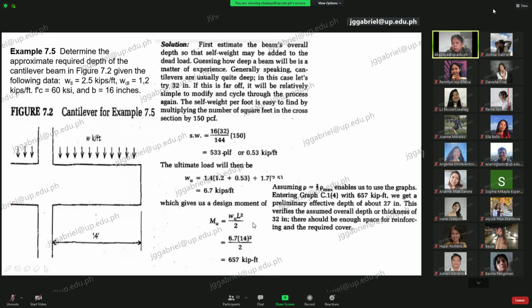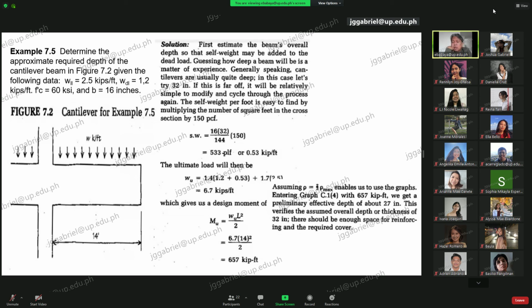WL squared over 2. Yung kanina, WL squared over 8. Now, this time becomes WL squared over 2. So, it's much greater. No? From 8, yung denominator, magiging 2 na lang. So, you are dealing with a much greater moment if you convert a simply supported beam into a cantilevered beam with same distributed length.